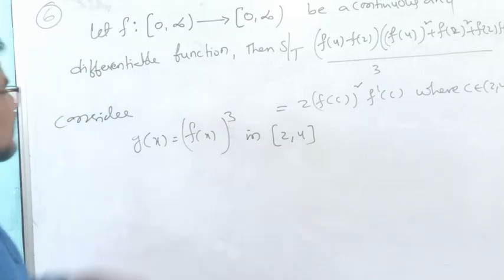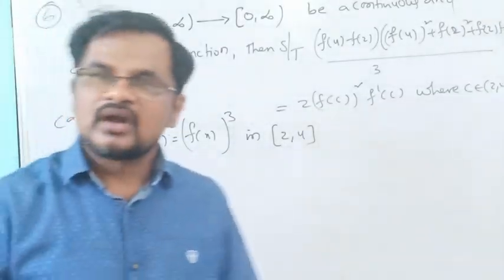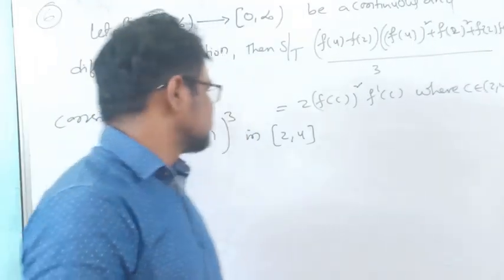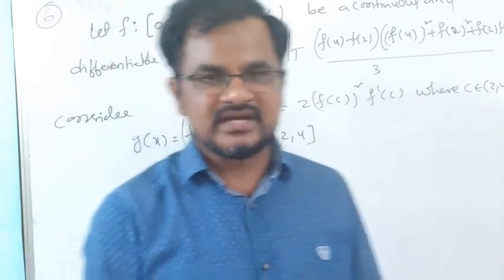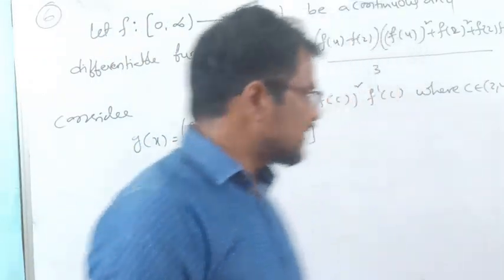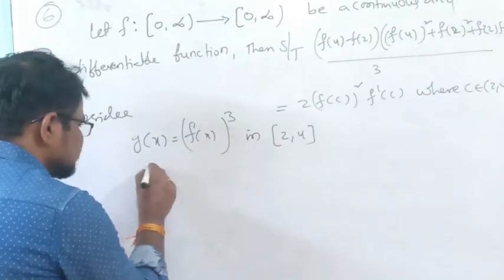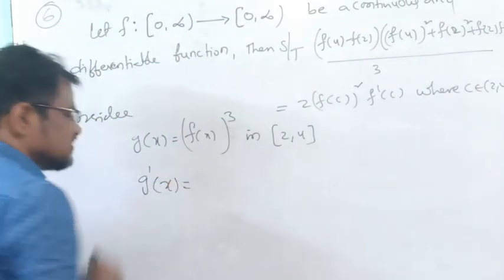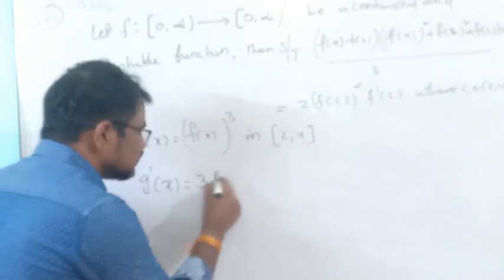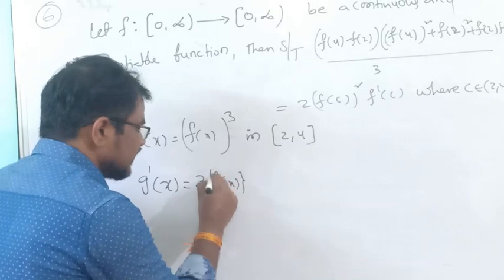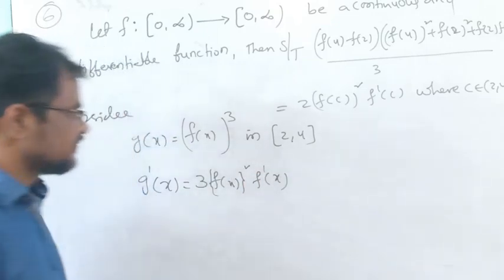Now f of x is continuous and differentiable, which means g of x is also continuous and differentiable, so two conditions of Lagrange's mean value theorem are satisfied. So we can apply Lagrange's mean value theorem. If you do the differentiation, g dash of x equal to 3 into f of x whole square into f dash of x.